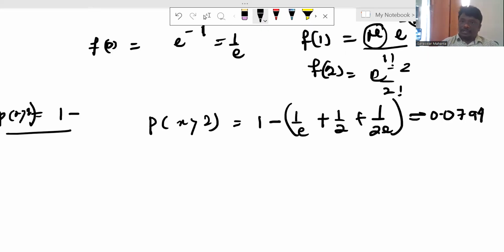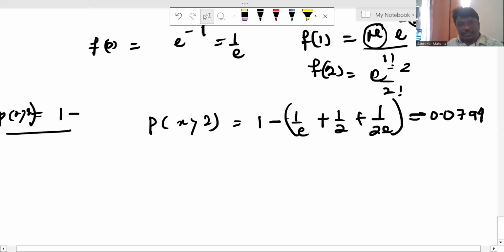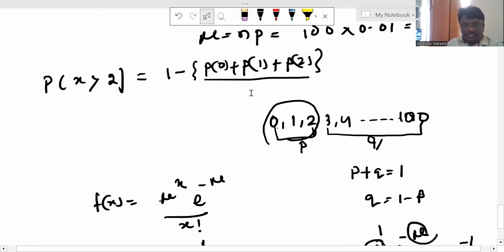The applications include demand patterns for certain spare parts, the number of fragments from a shell hitting a target, and spatial distribution of bomb yields. That is the case for the applications. So this is the binomial distribution problem and the Poisson's distribution problem.